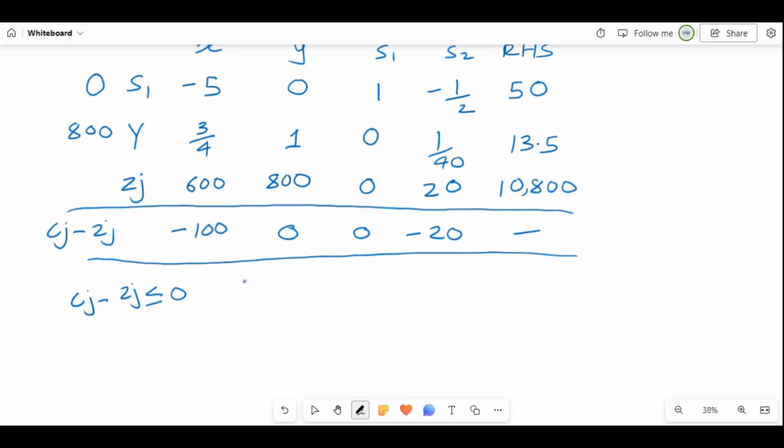Then at this point, we'll say that the solution is optimal. So if the solution is optimal, then this implies that table 2 is the final tableau.